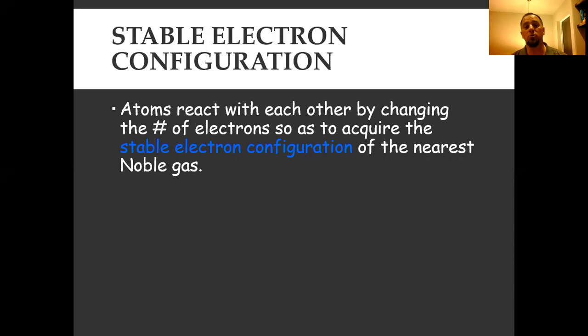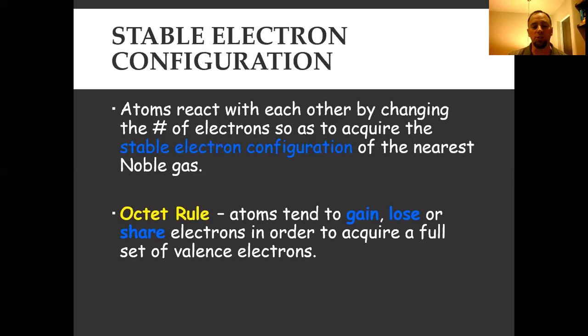That outermost highest energy level shell is full, so it doesn't readily gain or lose electrons. Well, other elements want to be like the noble gases, so they react in a way that allows them to behave as though they have a full valence electron shell. This is called the octet rule.